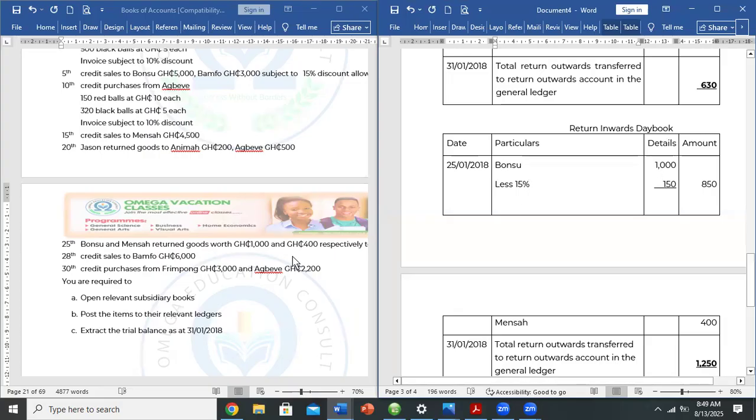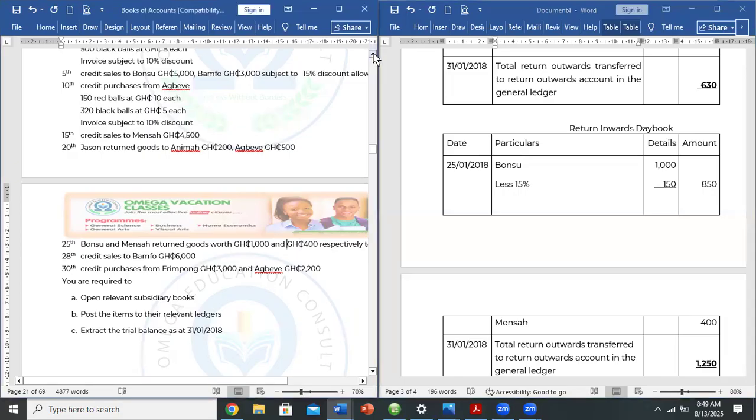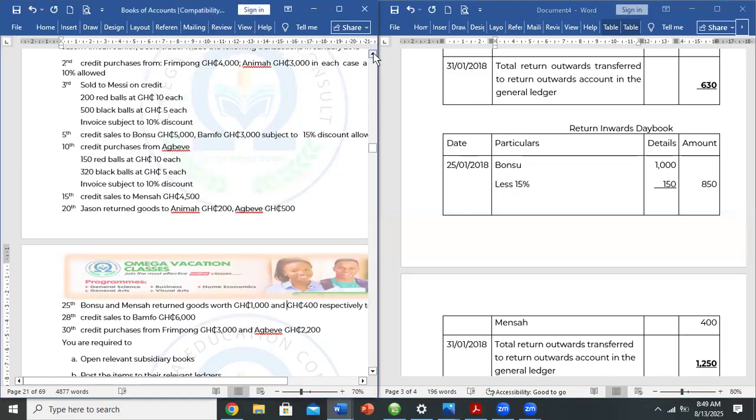Why is it so? Because if you check the sales we made to Bonsu, there was a discount of 15%, right? You see that on the fifth, credit sales to Bonsu, 15% discount allowed. So that's why in the returns, we are also lessening that discount.